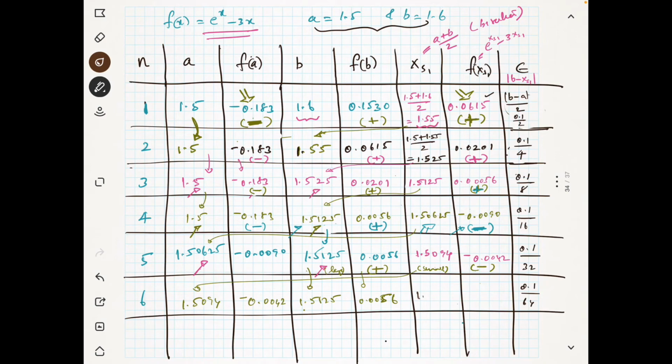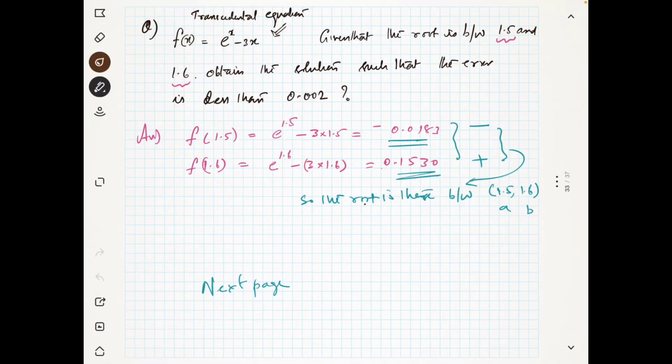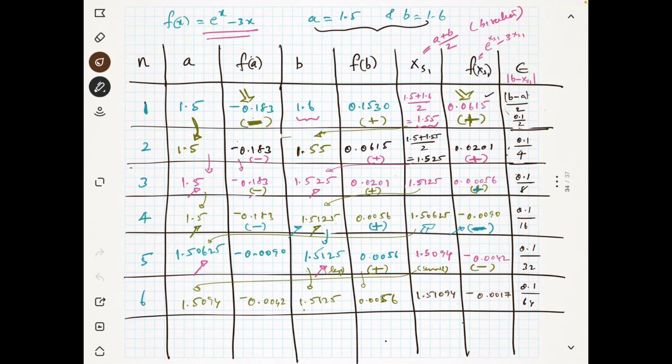It becomes 1.51094, and f of that is nothing but minus 0.000017. So you see here that I can continue like this. If I need more iterations, I can continue, but in the question it is given that the error should be less than 0.002. That means, what is this value you are getting? I have given already that the error is propagating like this, 0.1 divided by 32.